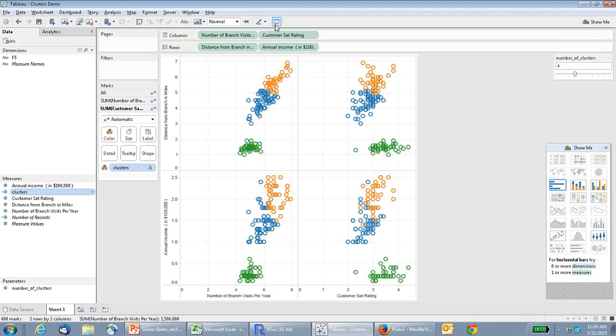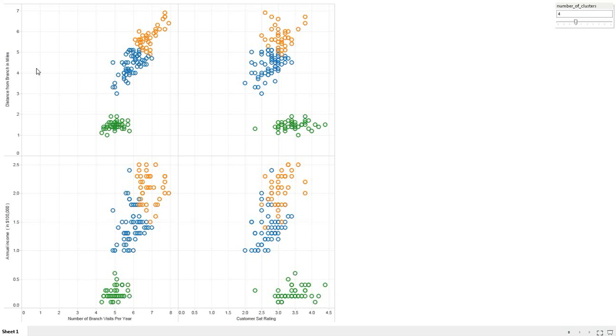What you have here finally is the output that shows the correlation between distance from the branch to the number of branch visits per year, or from annual income to either the number of branch visits per year to customer sat rating. What you see is clusters or patterns that appear in each of these blocks, and with that you could now further take insights and drive actions.